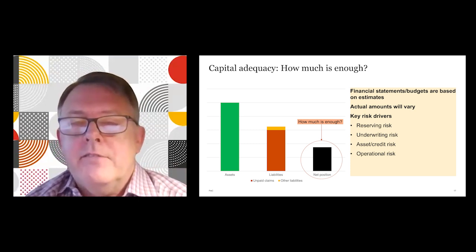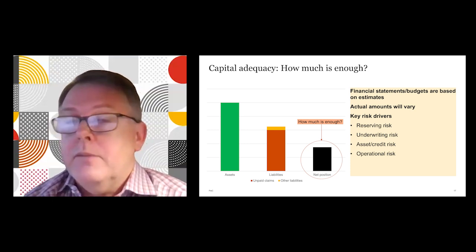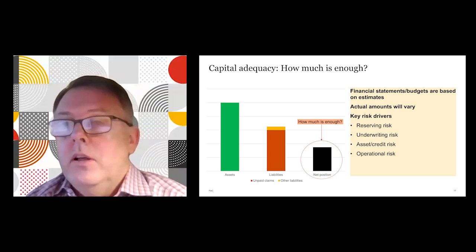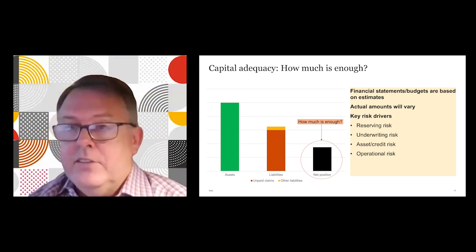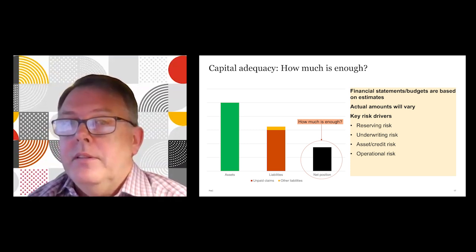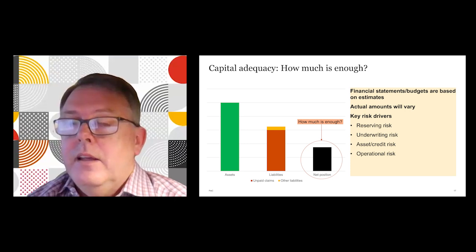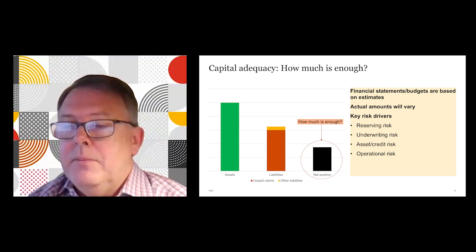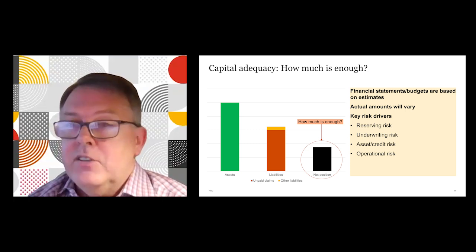I think this topic is a challenge for a lot of pools, and for a couple of very logical reasons. Pools started in a financial crisis for public entities. People didn't have insurance, and it was more important to get a vehicle up and running. That was the immediate goal. It was, we need financial shelter.